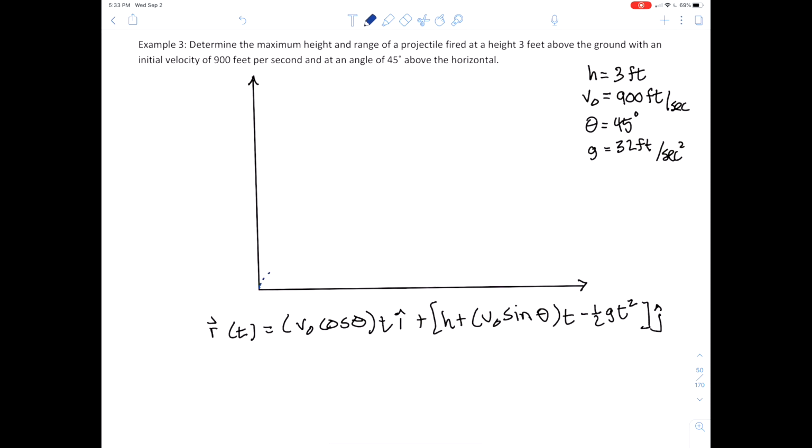So you're going to go something like this, and then you want to know where this projectile will hit the ground at some point, right? That's where it would hit the ground right here, and it's going to have some kind of max height somewhere around here.